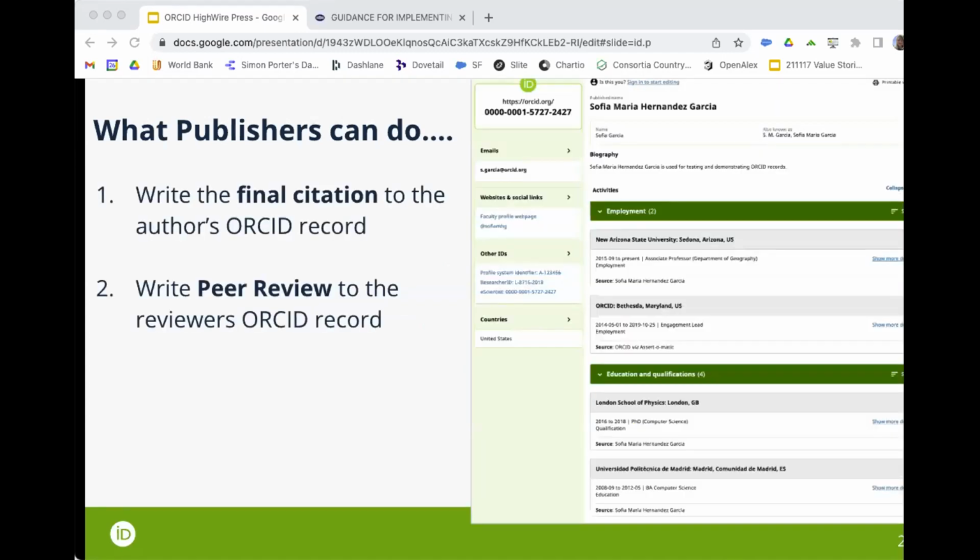So to quickly reiterate, it's ideal for publishers to write to the activities in the author's ORCID record, write the final citation to the ORCID record, and secondly, write the peer review recognition to the ORCID record as well. And I should add that we're asking universities to write to the employment field so publishers and funders can easily see the researcher's current employer, and your systems can pull this data to reduce the administrative burden and increase the quality of data in your workflows as well.